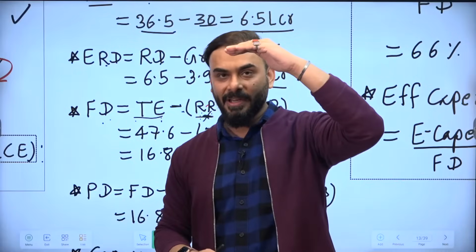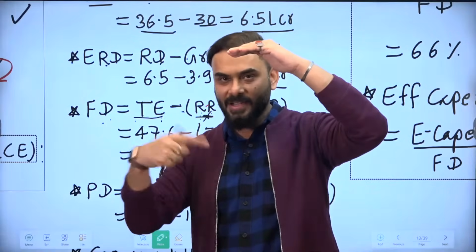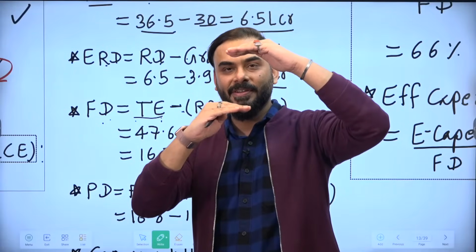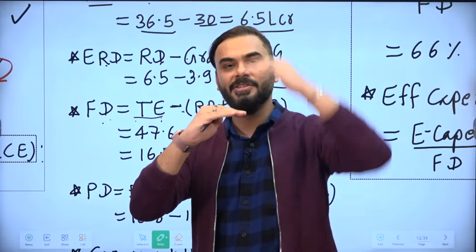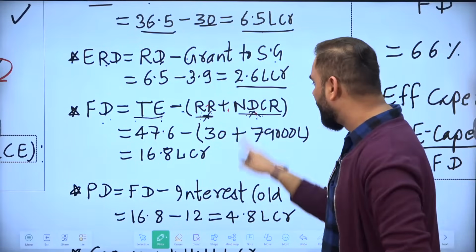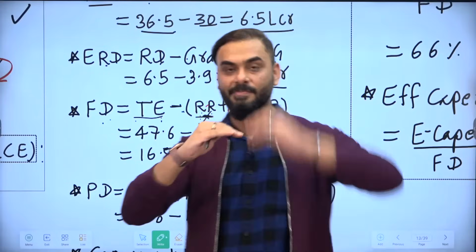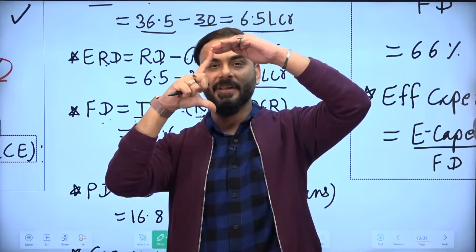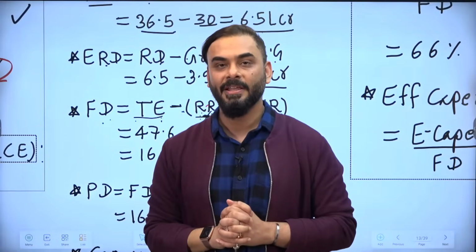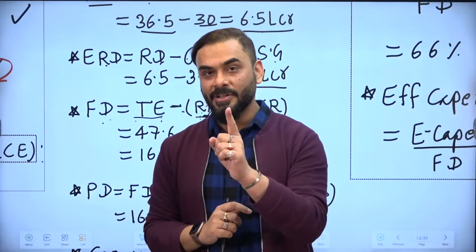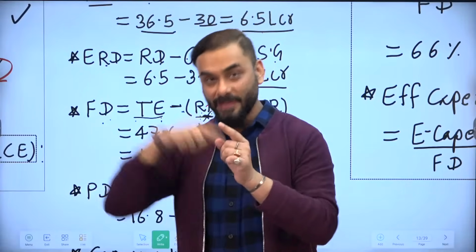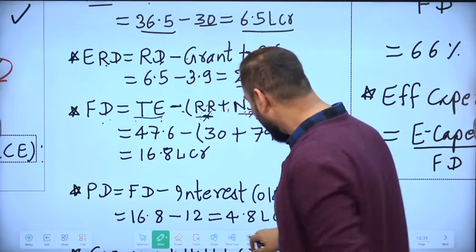So to spend this much money, I arrange money through regular sources, tax, non-tax, plus by selling companies. But that money is only this. So ideally I should have spent this, but how can I spend this? Because my revenue receipt and non-debt capital receipt is just this, but my expenditure is this. How did I get this? This is borrowings, which means whenever we spend money, the part of the expenditure which we have spent by borrowing the money, which we have to return, that is called as fiscal deficit.